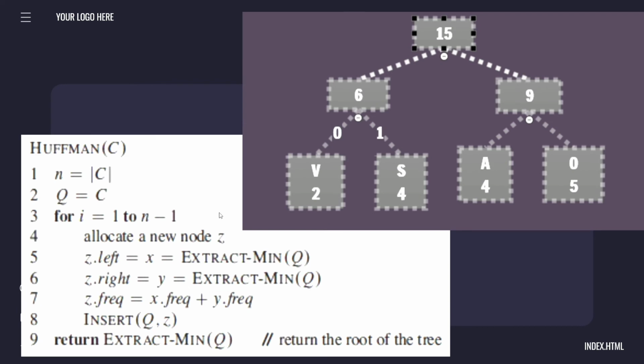So when we are moving to the next loop, again this process would be repeated. 2, 4, 4 and 5 would have been removed from the queue, and after that 6 and 9 would be the next two smallest elements, so they would be picked up from the queue, and they would be made the children of this new node, and then after making them the children, they would be removed from the queue and 15 would be added to the queue.